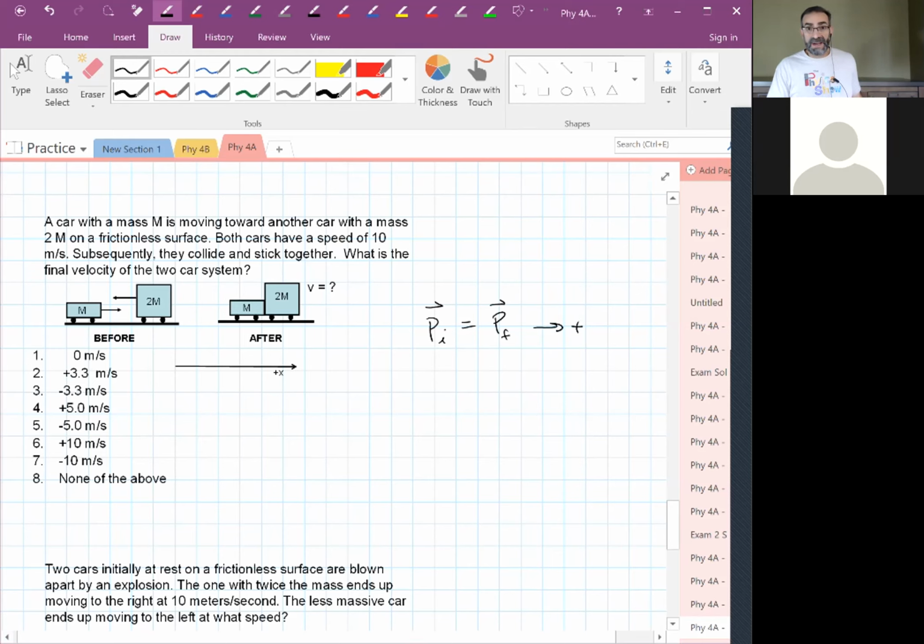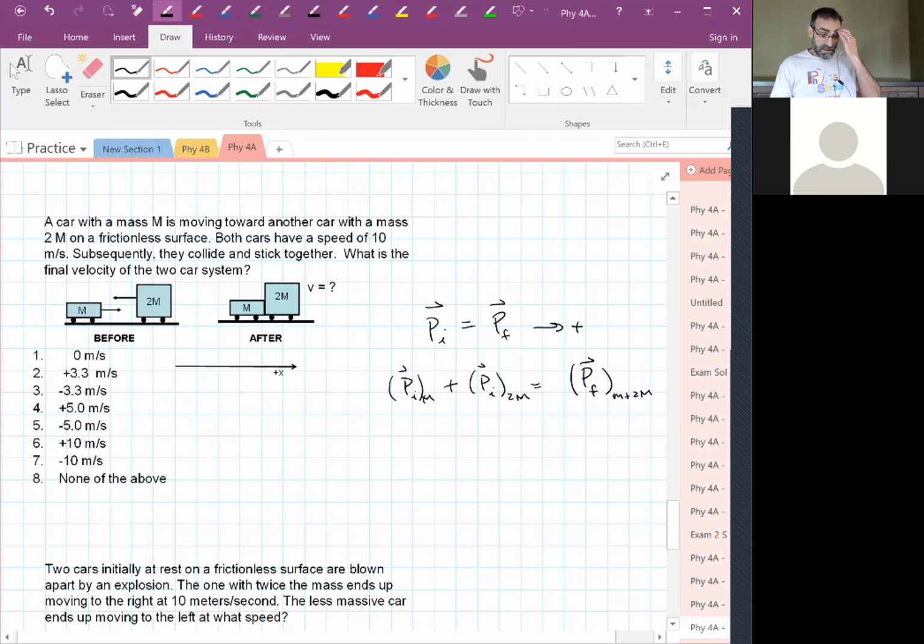I'll define the right as my positive direction. And so initial momentum is going to be the initial momentum of m and the initial momentum of 2m. And at the end, it's just the combined mass. Final momentum is just m plus 2m, right? They're stuck together. There's only one momentum at the end.